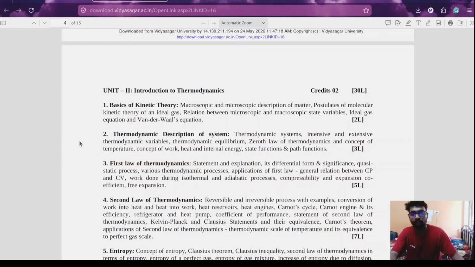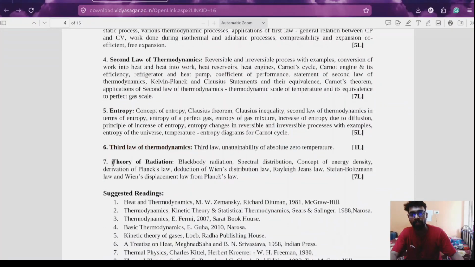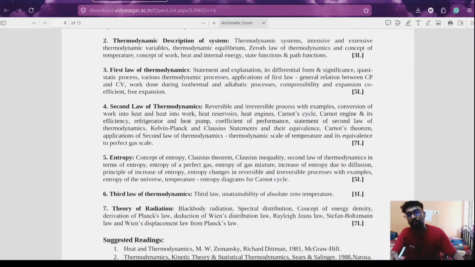Next, the second law of thermodynamics and entropy, this is very important, and the third law of thermodynamics, which is important in advanced study, and theory of radiations, which is also important in your advanced studies as well as in further studies in your BSc course also. So these are the two syllabus.